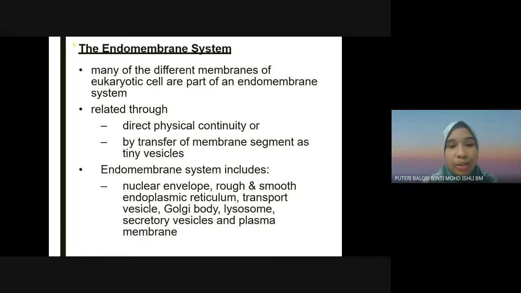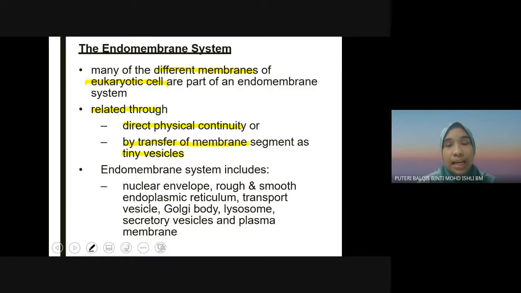Okay. The endomembrane system, apa itu endomembrane system? Many of different membrane of eukaryotic cell, related through direct physical continuity or by the transfer of membrane segments such as tiny vesicle.